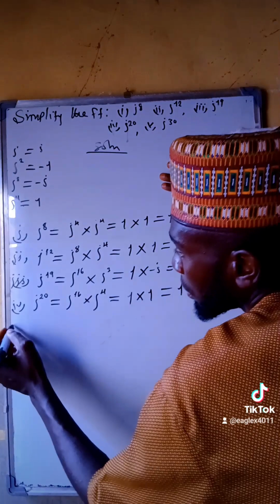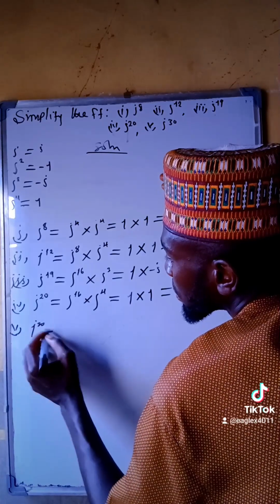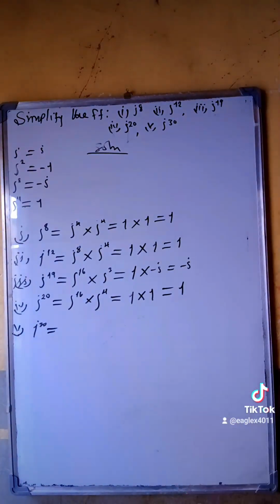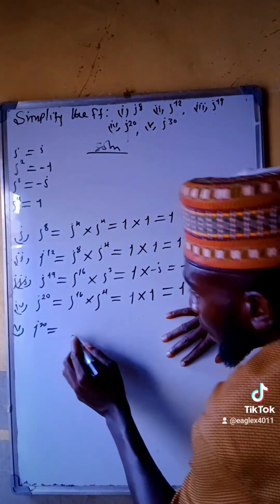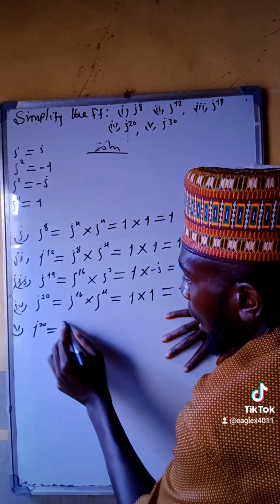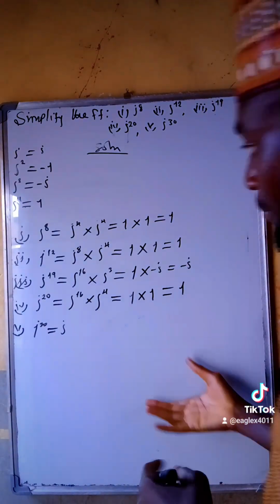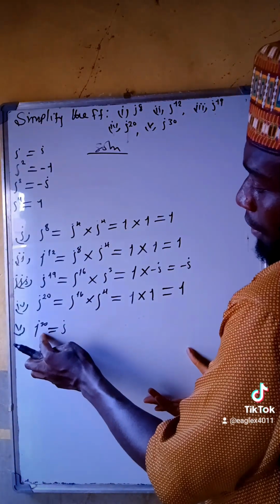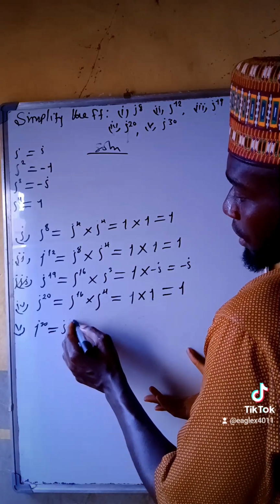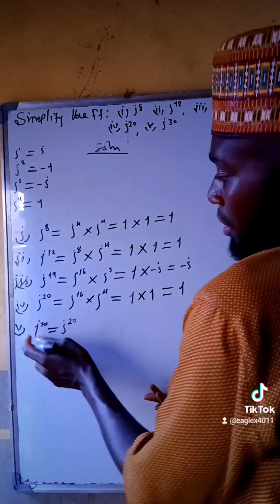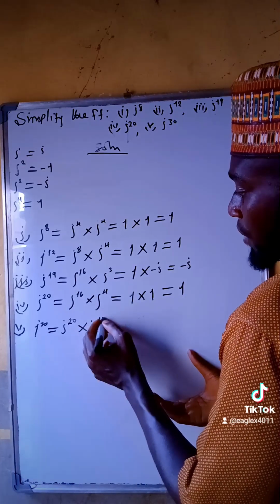Then the last one is i raised to the power of 30. This i raised to the power of 30 is the same thing as i raised to the power of 20 multiplied by i raised to the power of 10.